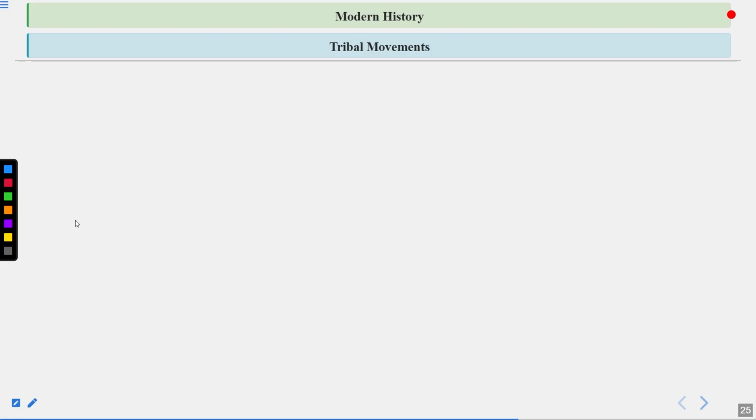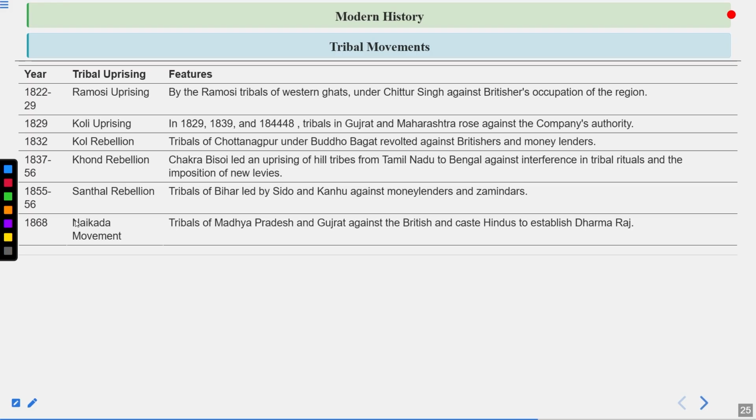Some other movements. 1822 to 1829, Ramosi uprising by the Ramosi tribals of the Western Ghats under Chittur Singh against the Britishers' occupation of the region. Then 1829, Koli uprising. In 1829 to 1839, the tribals in Gujarat and Maharashtra rose against the company's authority.